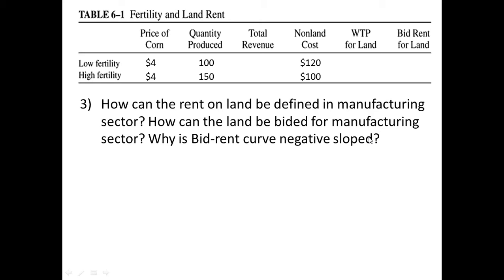How can the land be bid for in the manufacturing sector? Why is the bid rent curve negatively sloped? Why is the bid rent curve for the manufacturing sector negatively sloped? This is question number 3.